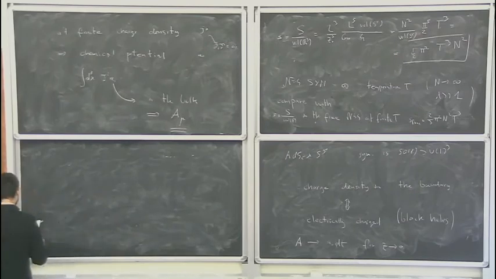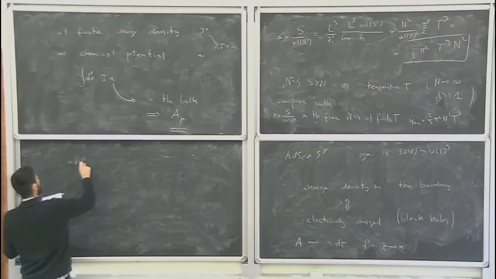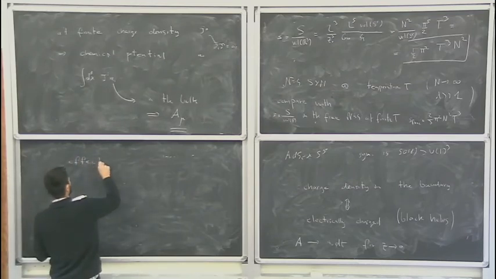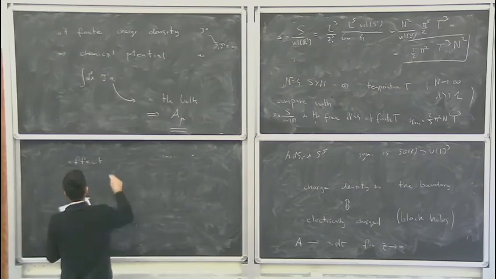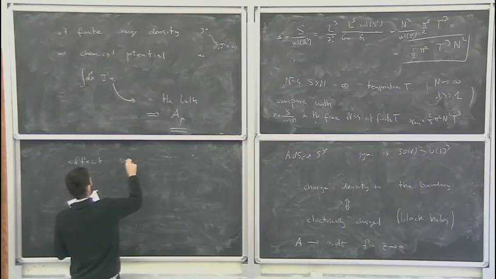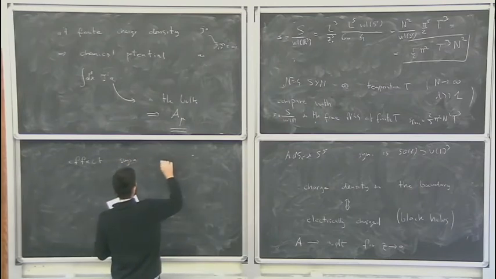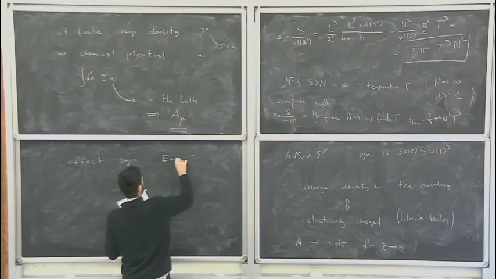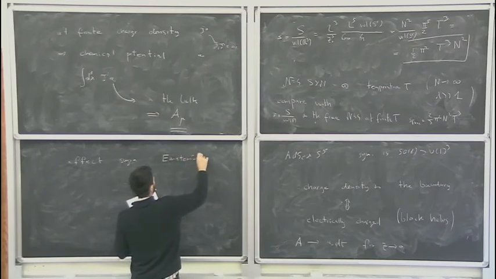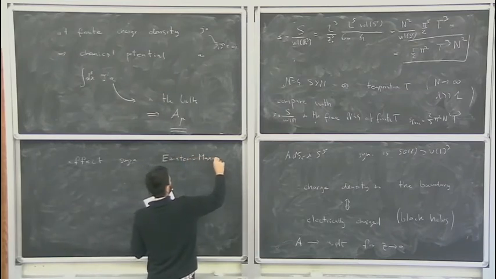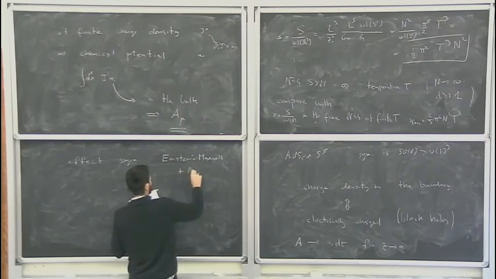So this can be obtained in an effective theory, which is exactly what I wrote a long time ago, namely Einstein-Maxwell plus cosmological constant.